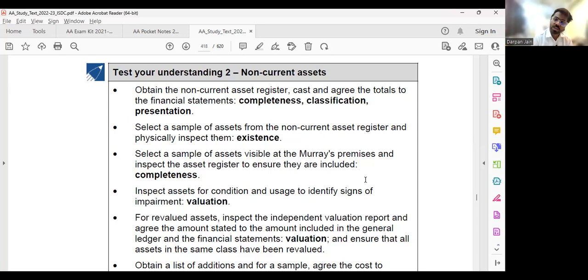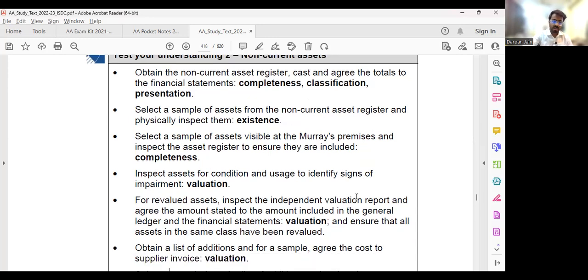If you do the reverse, the direction will change and you will check for completeness. See the reverse? Select a sample of assets visible and inspect the asset register to ensure they are included. You are checking the assets which are visible to you, whether those assets have been recorded or not.